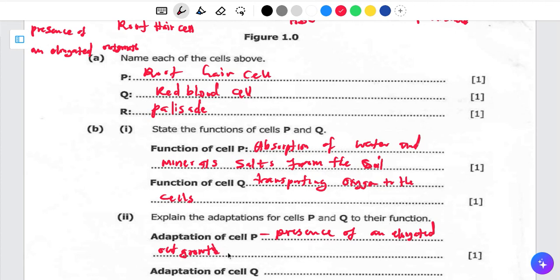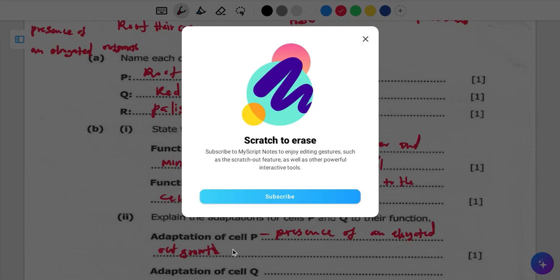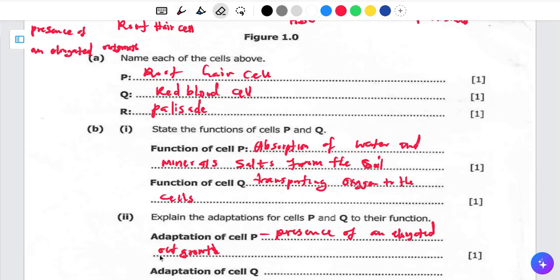So that is an elongated outgrowth for a large surface area of absorption.